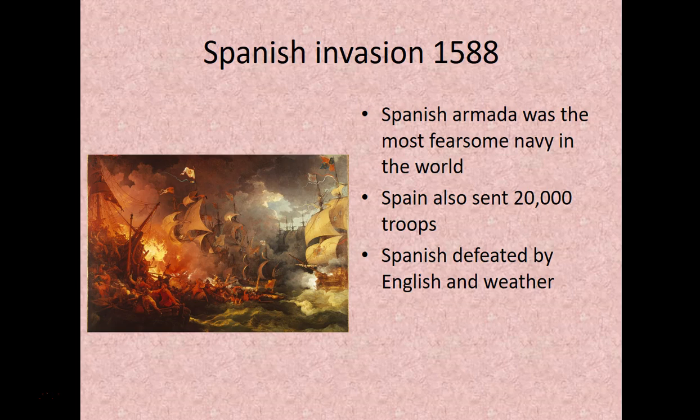So they have to do a big circle around the island of Britain to try and get back home to Spain. And while they're doing that, they are hit by a storm, and it just destroys a lot of their ships, this giant storm off the coast of Scotland.